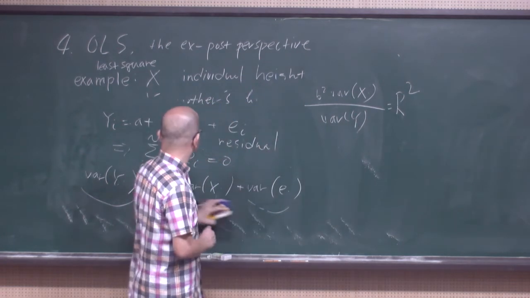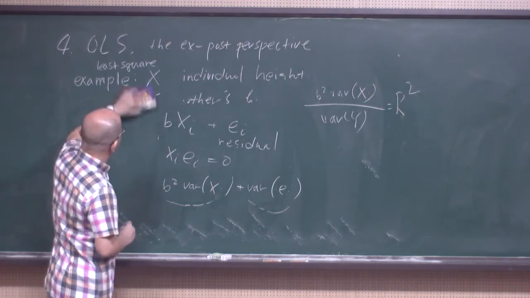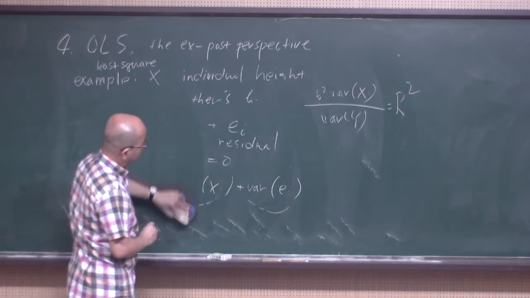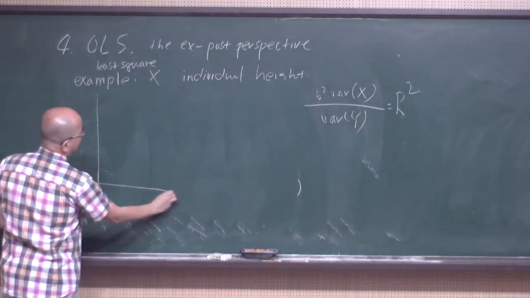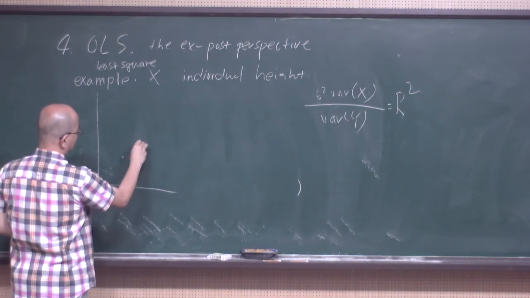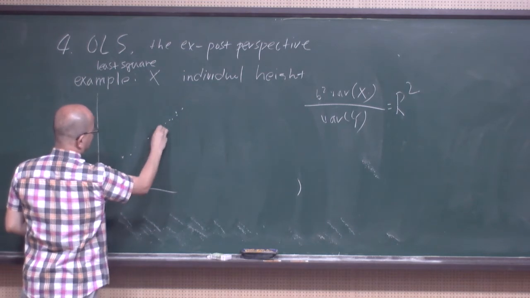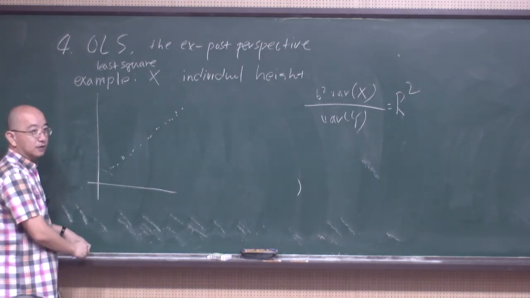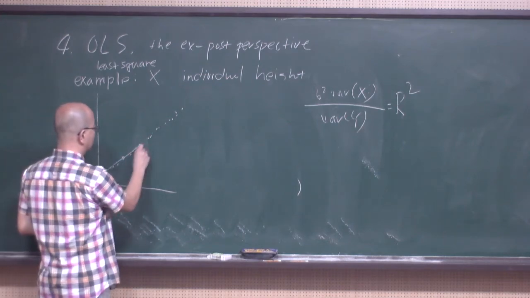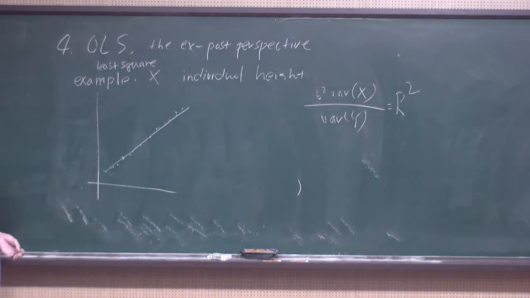So just to talk about two extreme examples. If the data you have is like this, then when you find the regression line it will look more or less like this. So R squared will be very high, close to 1.